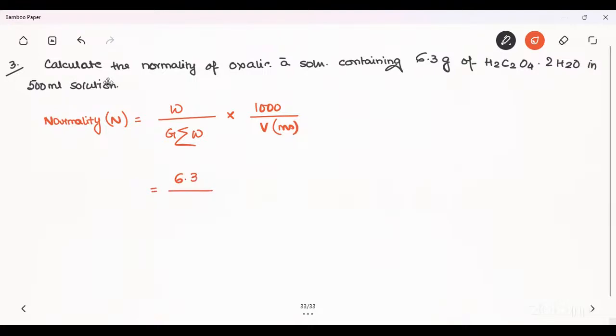It will come as 63. I hope you know how to calculate the molecular weight of this. Divided by, into 1000 divided by what is the volume given? 500. So this will come as 0.2 normal. So just apply the formula and get the answer.